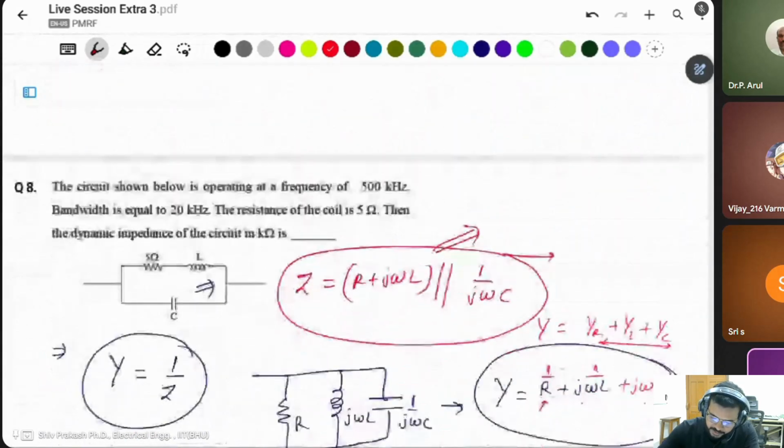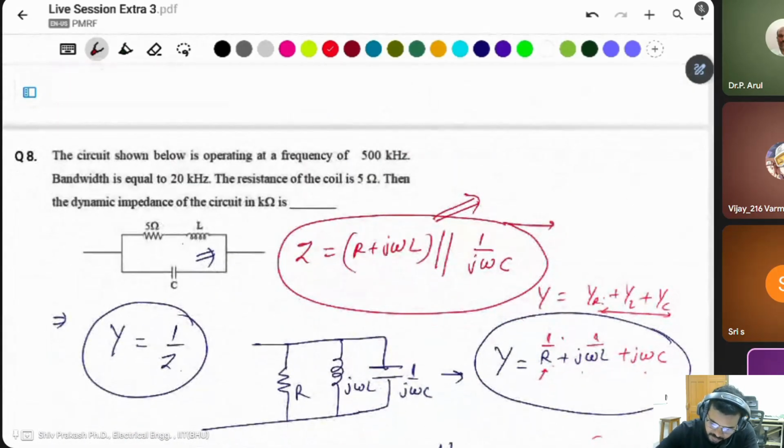Here the value of the resonance frequency is given: f naught is 500 kilohertz. And bandwidth is given.